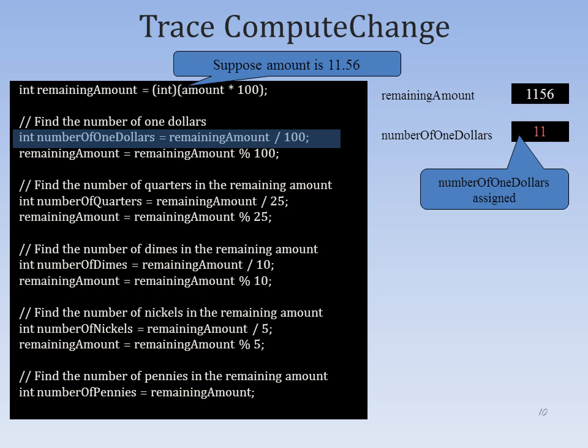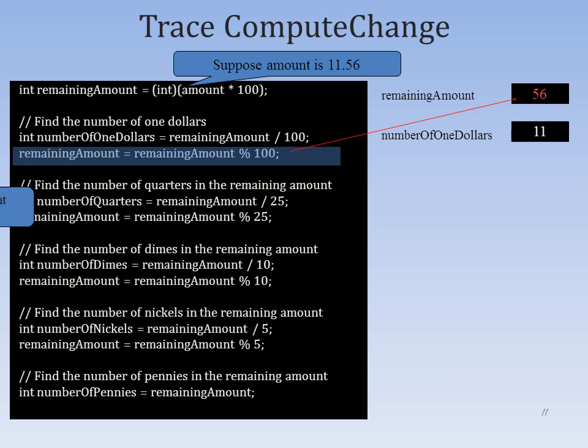And we're ready to move on to the next step. Well, after we determine that we have $11, we need to determine the remaining cents. We can do that by using the remainder operator, and you see we have a remainder of 56 cents.